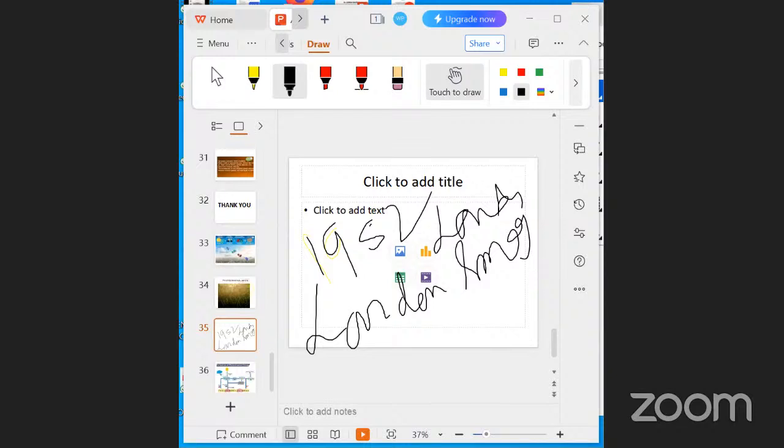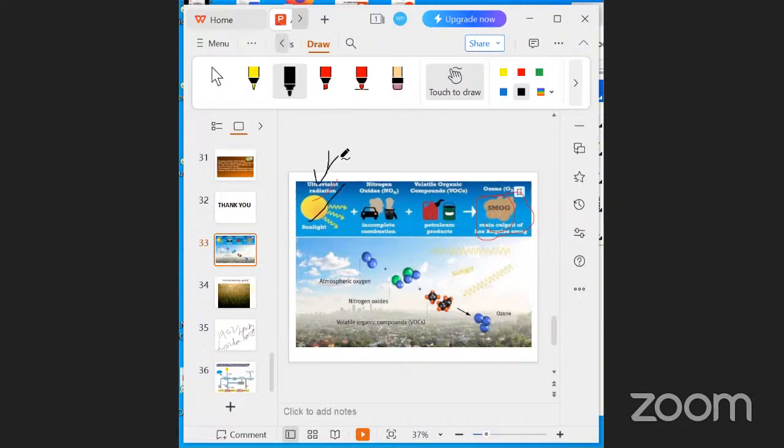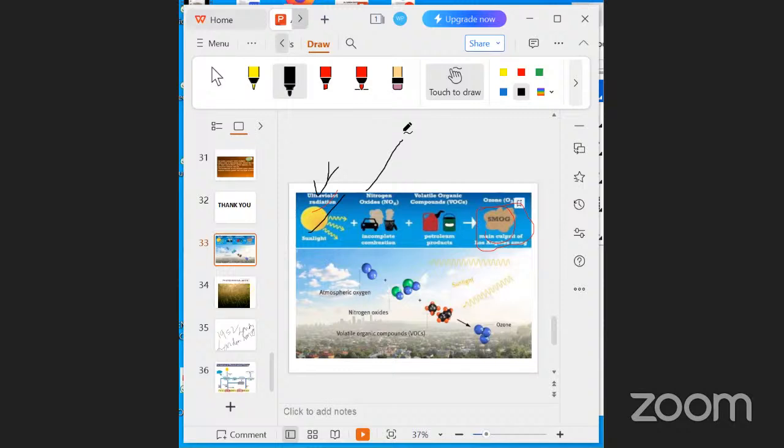So what is photochemical smog? Photochemical smog, also known as summer smog. It is formed when ultraviolet light from the sun reacts with nitrogen oxides and volatile organic compounds, right?